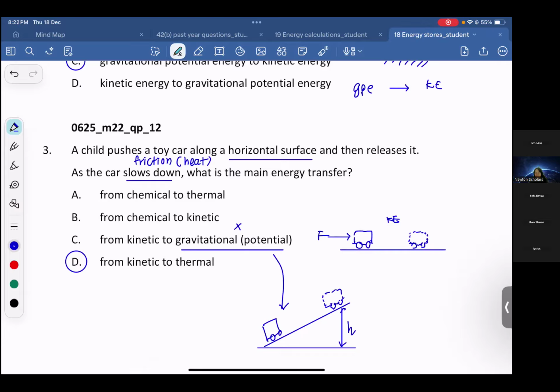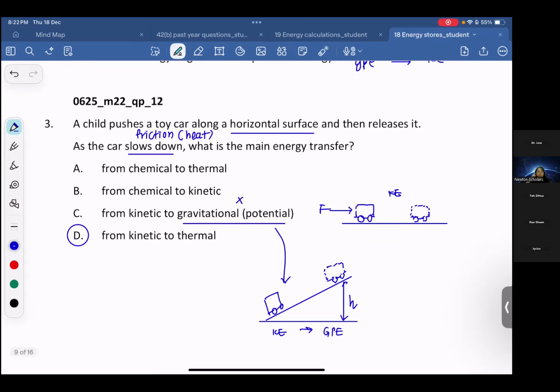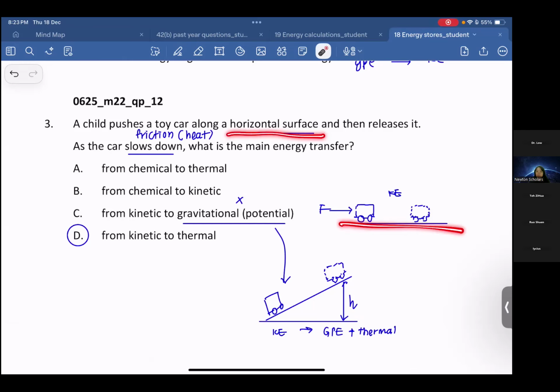Then we can say kinetic energy is converted to GPE, plus thermal because it slows down. So for C, unless the question is like this, we only choose C. Here it is a horizontal surface, it doesn't increase any height, so it cannot be GPE.